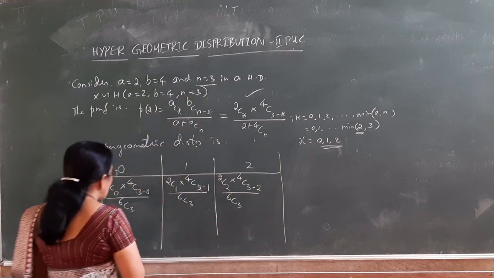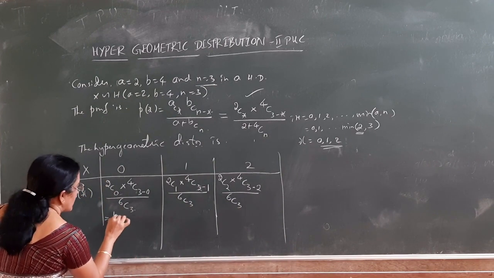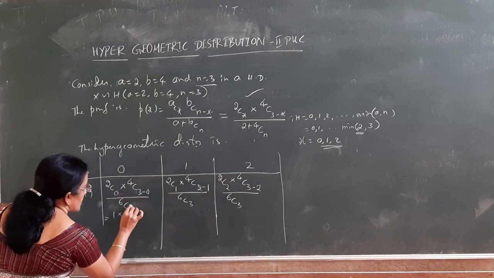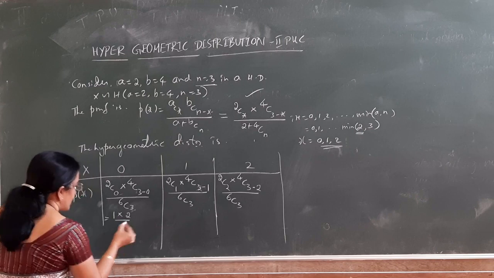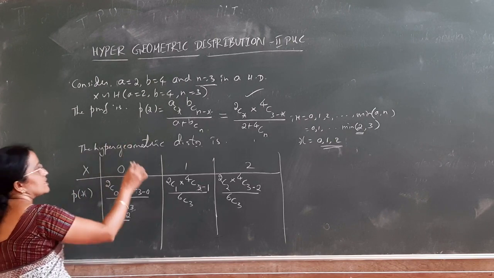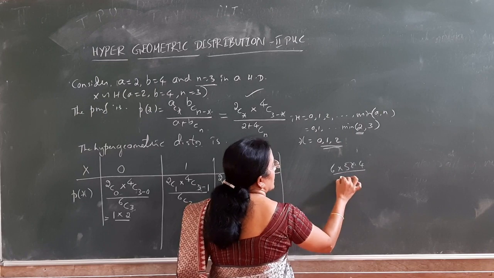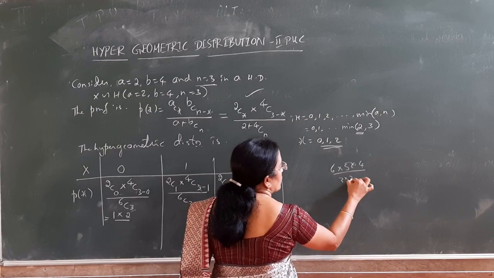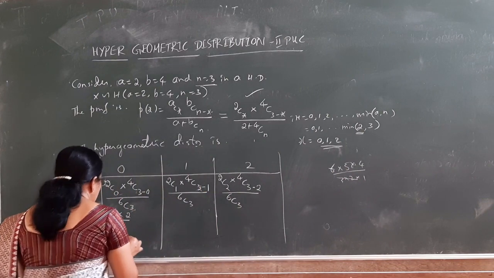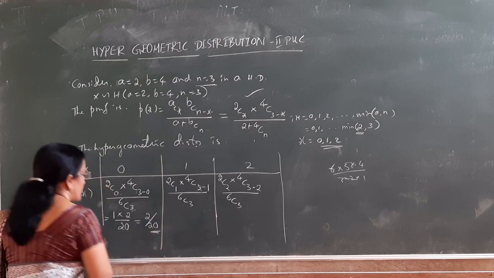Now let us simplify. First one: 2C0 is 1 into 4C3, which is 4, divided by 6C3. How to find 6C3? 6 into 5 into 4 divided by 3 into 2 into 1. 3 into 2 is 6, so 5 into 4 is 20. So the first is 4 by 20.